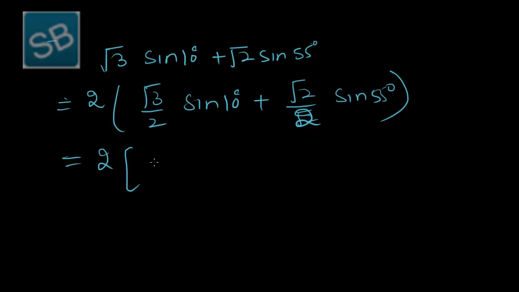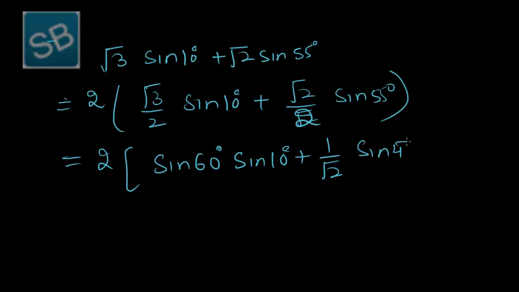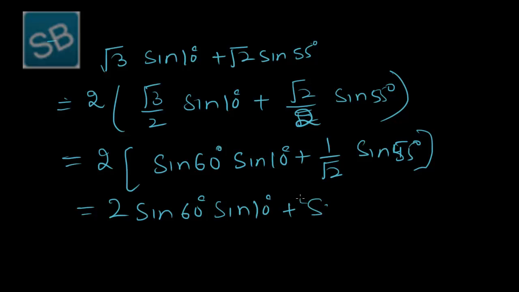We get root 3 by 2, which is sine 60, and this is sine 10, and 1 over root 2, which is sine 45, and this is sine 55 degree. So we can see that it becomes 2 sine 60 degree sine 10 degree plus 2 times sine 45 degree and sine 55 degree.